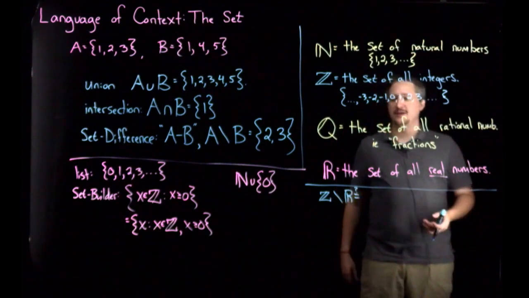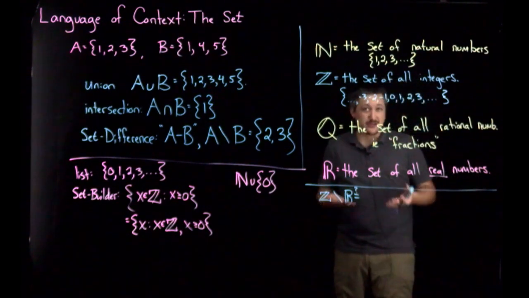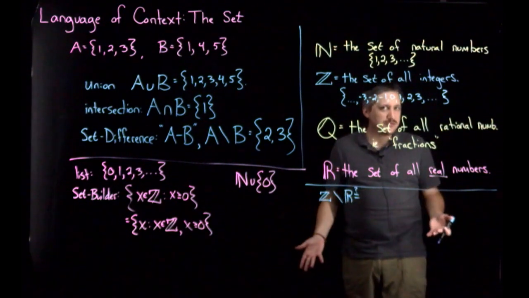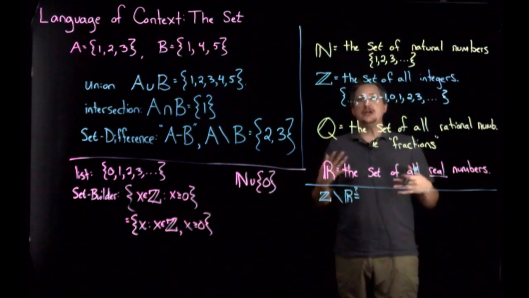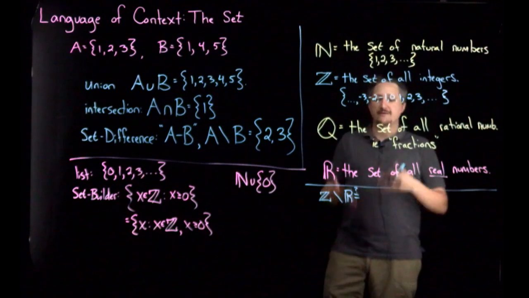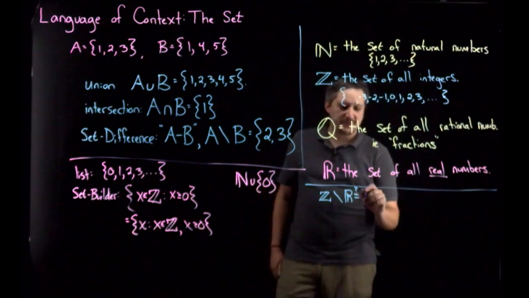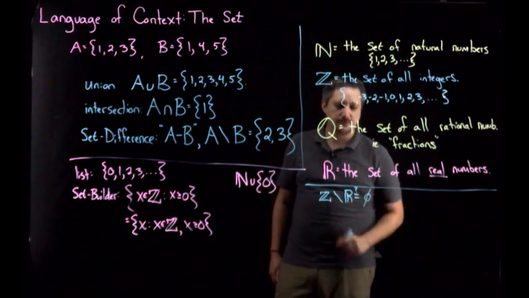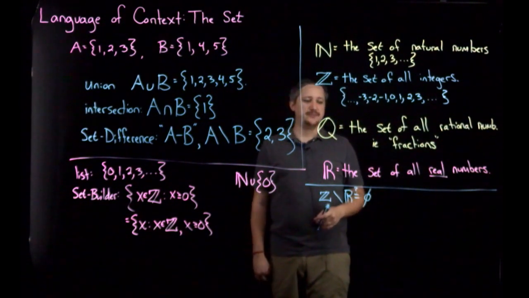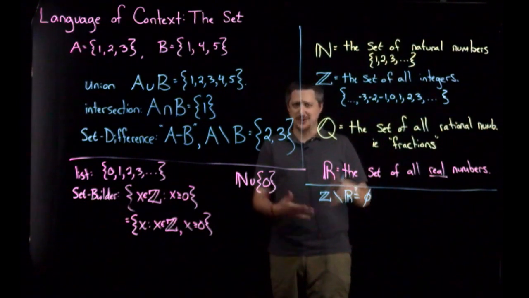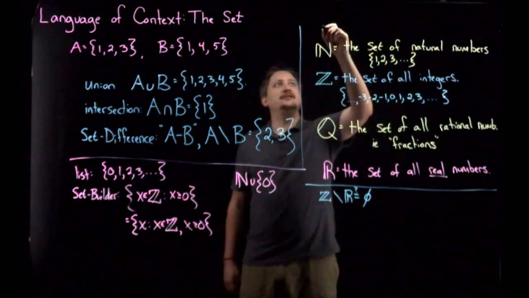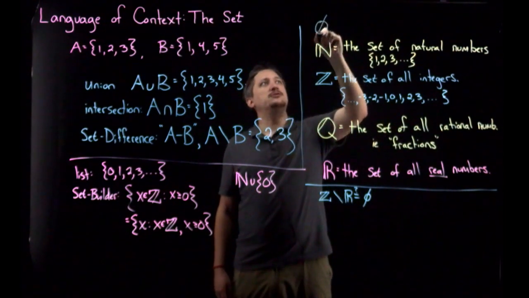What could that be? It's not the set of 0, because 0 is an integer, but it's also a real number, and I've removed that. So it's not 0, but it's sort of the nothing, right? We're used to thinking of nothing from a number standpoint as 0. For sets, this idea of nothingness is what we call the empty set. It's this 0 with a line through it. It's one of the Greek letters, if you're familiar with those. I'll write it up here as the last symbol.